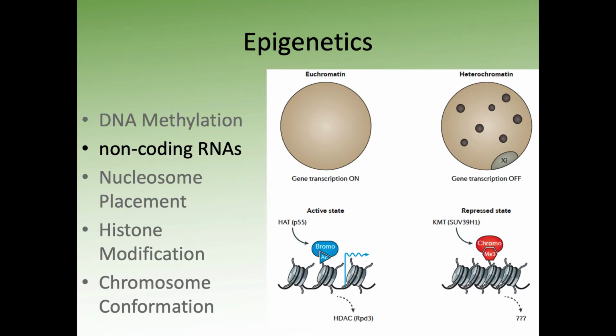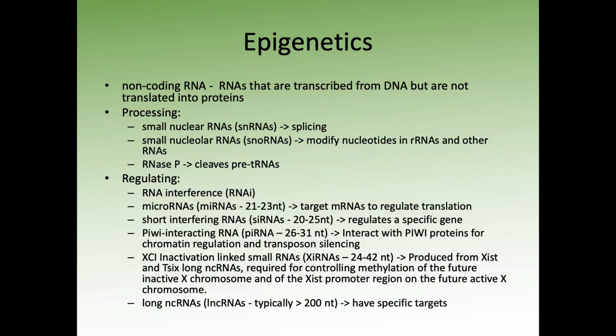In addition to methylation, non-coding RNAs are another good way of epigenetic regulation. When we think about non-coding RNAs, these are RNAs that are transcribed from DNA but are not translated into proteins.